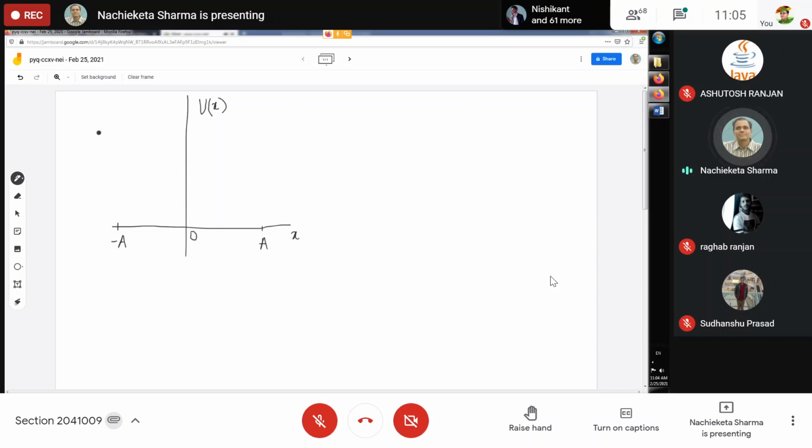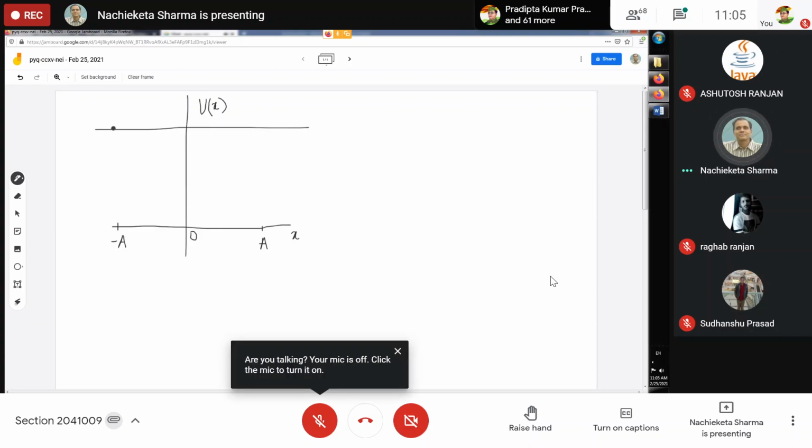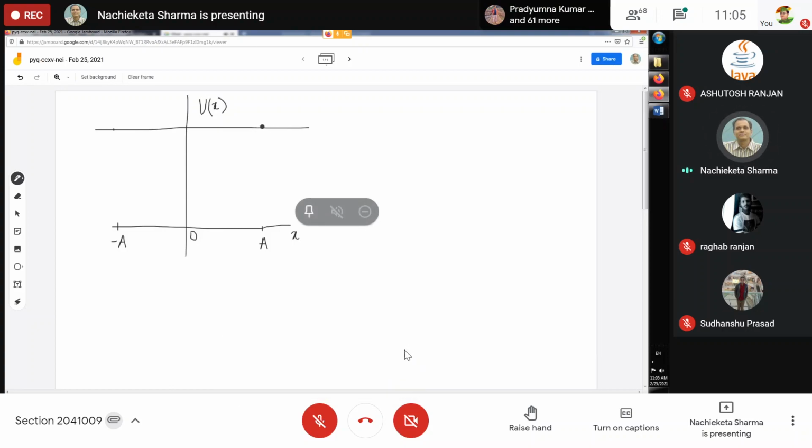Now at the extreme position you have total potential energy, isn't it? And at the mean position the potential energy is 0. So you will get a curve like this.